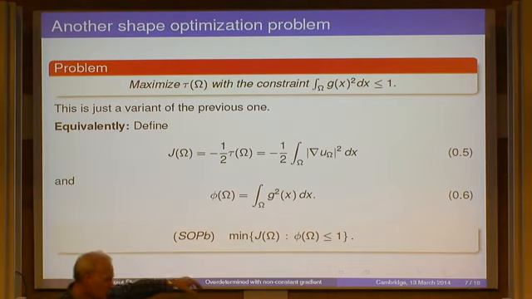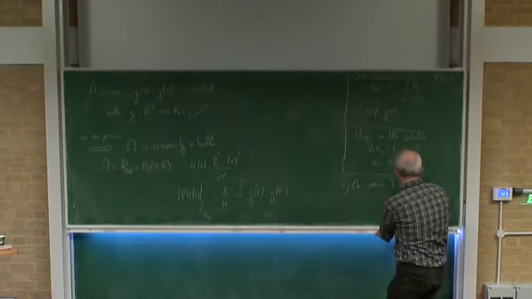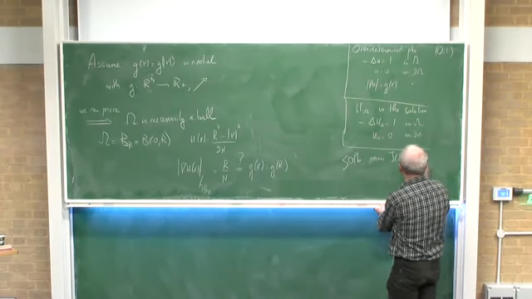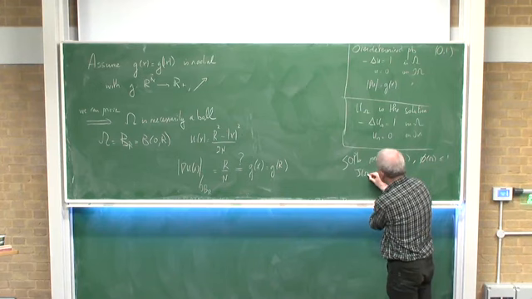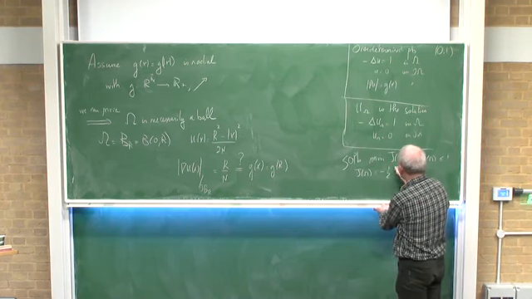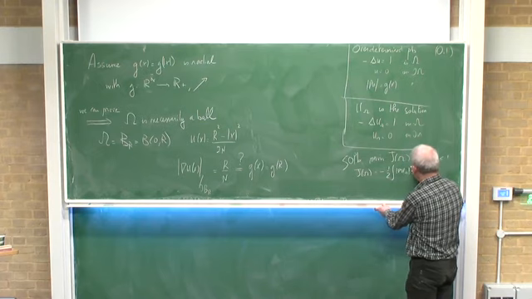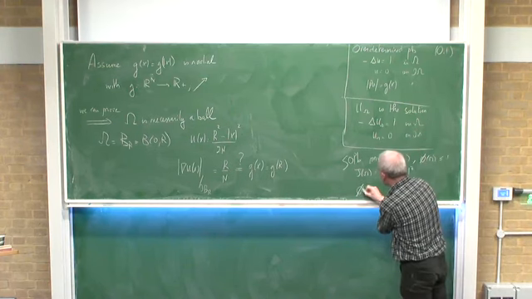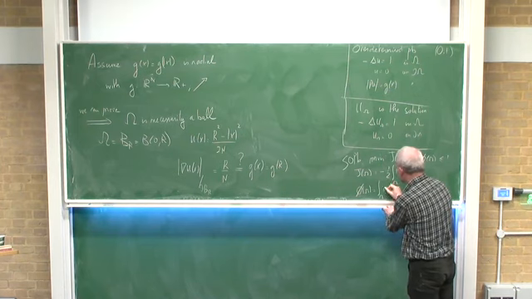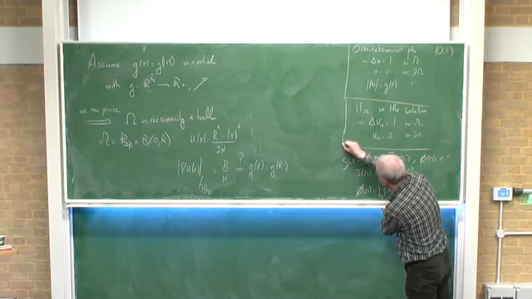And so my shape optimization problem is to minimize J of omega with phi of omega less than or equal to 1, where J of omega is minus 1/2 the integral of gradient of u omega squared, u omega is the solution of my torsion problem, and phi of omega is just the integral of g squared.